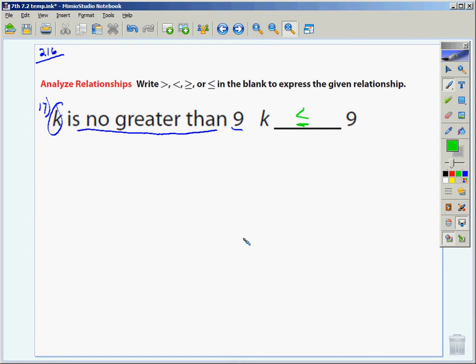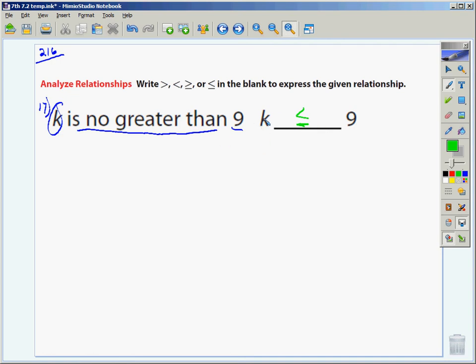Those 6 questions on the back are all done that way. The first thing you want to ask yourself is, could it be equal? That's the easy one. Then you've got to determine, is the K, the variable, going to get larger or is it going to get smaller?